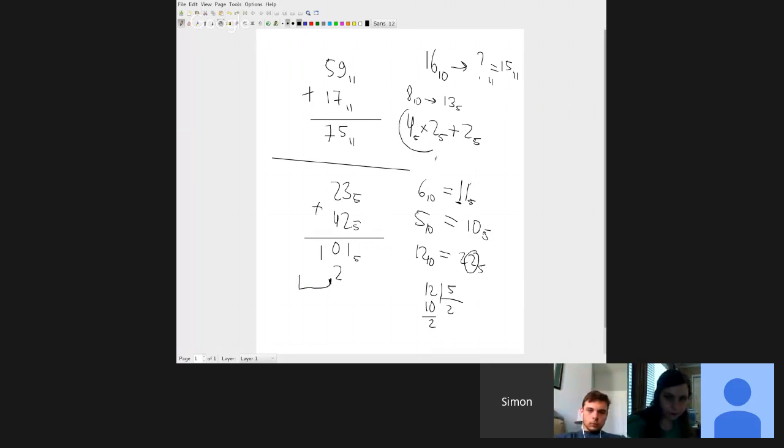So this is 13 base 5. And then to add 2 base 5, the result will be, technically, 15 base 5, which is impossible to operate with.